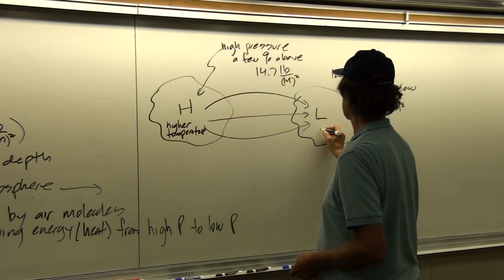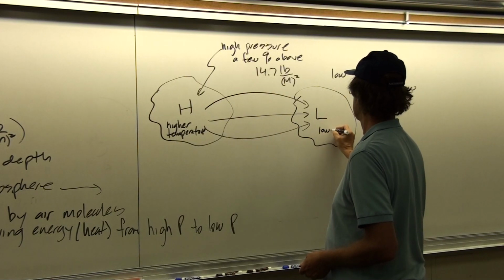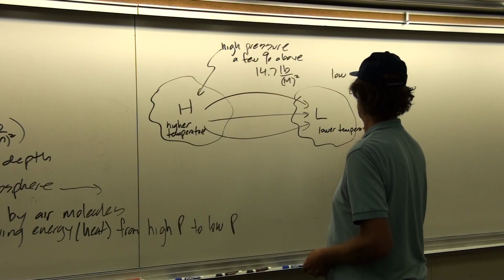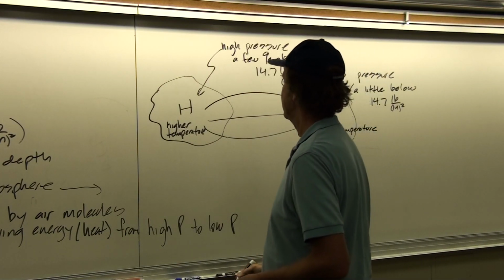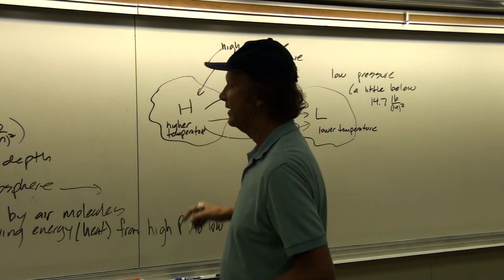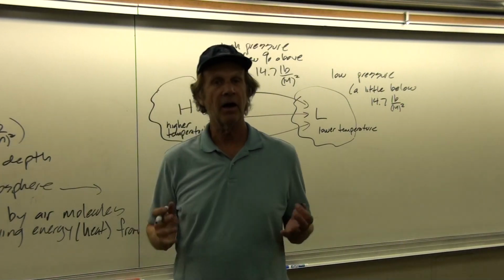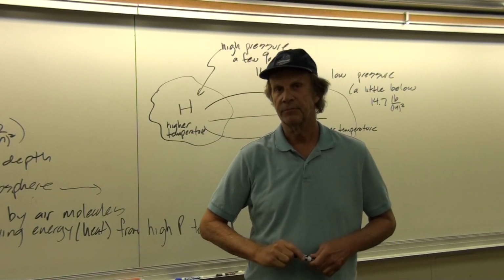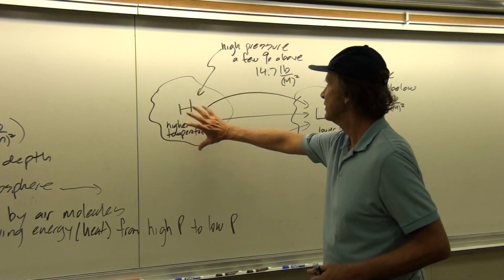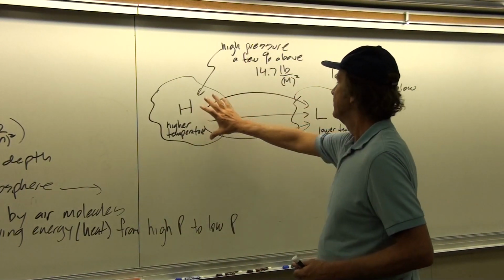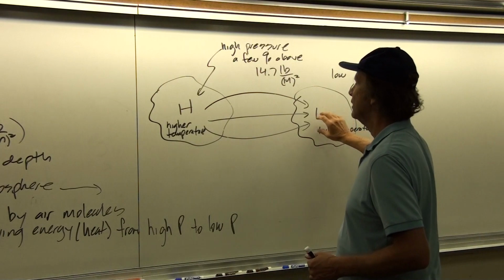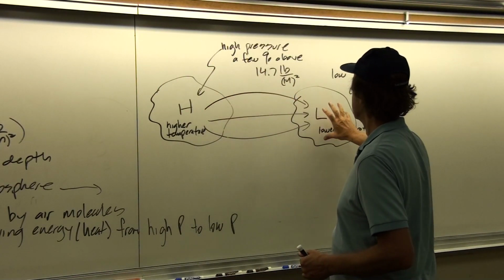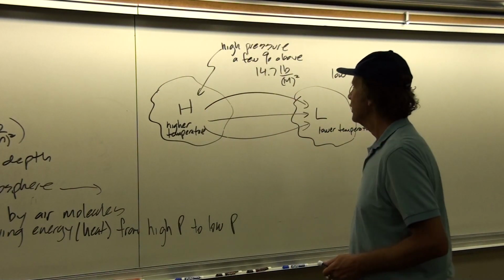And let's say that this is a lower temperature air mass. As well as higher pressure, we could say that oftentimes, not always, the temperature is also higher in the air mass. So we could think then of this energy as wanting to go from higher to lower pressure.